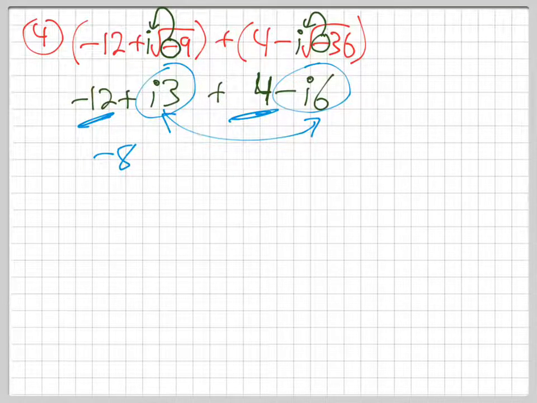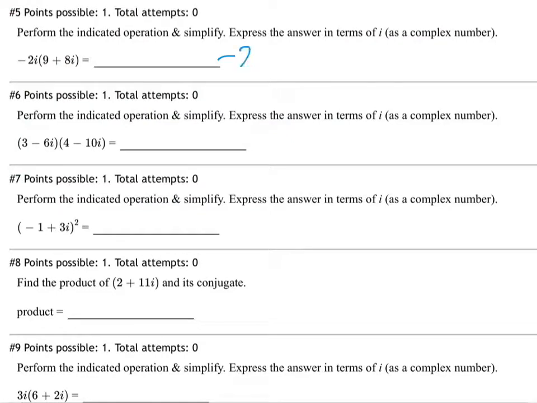So it's a gain of 3 i's and then a loss of 6 i's. So you've lost 3 i's. That wouldn't be good. Don't even have 3 i's. And there we go. That's it. Here's number 5. This won't be too bad. Minus 2i times 9 plus 8i.